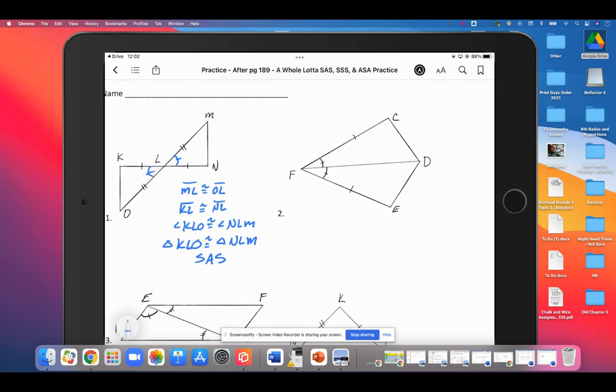On to the next, everyone. I do see that I have parts CF is congruent to EF. I have angle CFD is congruent to angle EFD. And I can see, because of the reflexive property, that FD is congruent to FD.